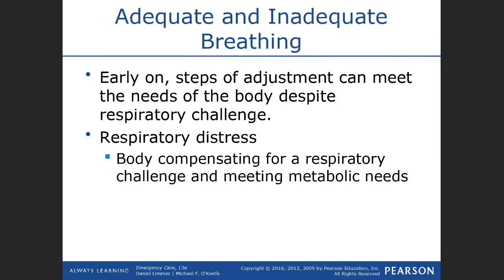Effort. Right? So you look at their level of consciousness, and then you will consider the rate that the patient is breathing, whether it's regular, whether you can see visible chest rise bilaterally. Is the patient using muscles? What is the sound of the breathing? What is the pulse ox? All of these things would be considered.